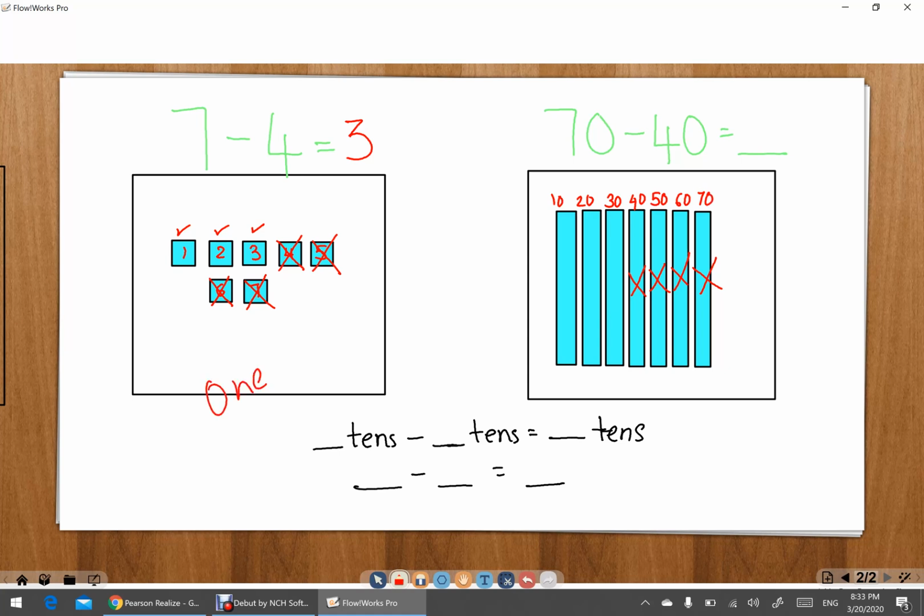These are ones and these are tens. How many tens do we have here? We have 7 tens. 1, 2, 3, 4, 5, 6, 7. In each we have 10. So 10, 20, 30, 40, 50, 60, 70. So if I remove 40, how many am I left with?